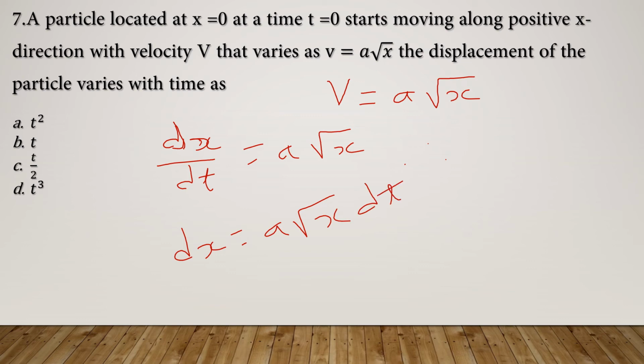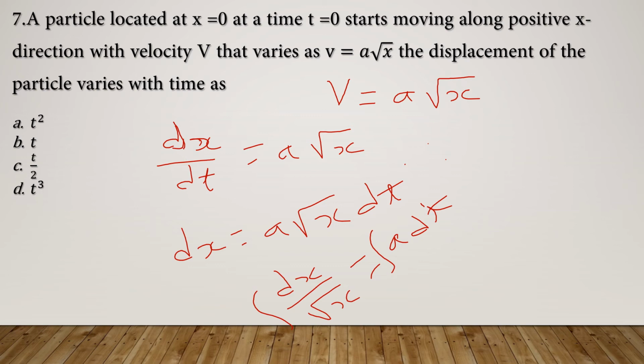If I take root x to the left hand side, dx divided by root x is equal to a into dt. Now if we integrate it, integration of dx upon root x is equal to integration of a into dt.